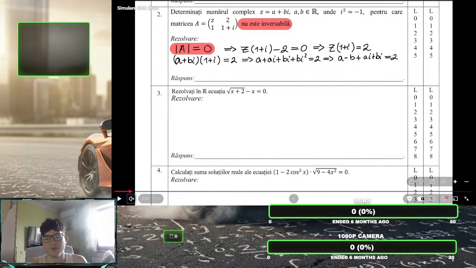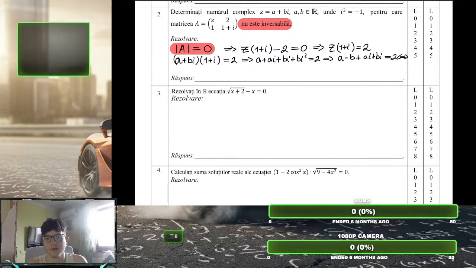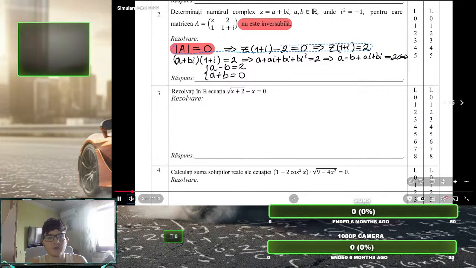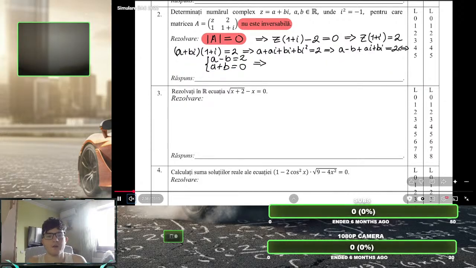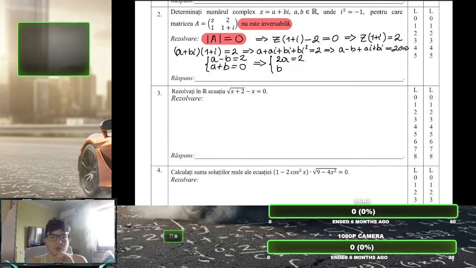Now we just work with imaginary and non-imaginary parts, right? So a minus b is going to be equal to 2, and a plus b equal to 0. And so we just get a value that we want and plug it in. We're going to have 2a equal to 2, which is correct, right? 2a equal to 2.